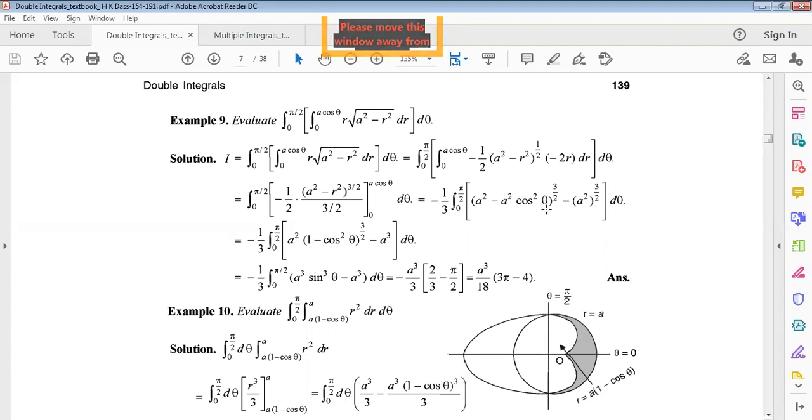Now after calculation, a square to the power 3 by 2 will be only a cube. After taking a square common, a square into 1 minus cos square to the power 3 by 2, minus a cube, we get a cube sin cube, since 1 minus cos square means sin square theta, and the 2 will be cancelled, so sin cube theta, this is minus a cube d theta.